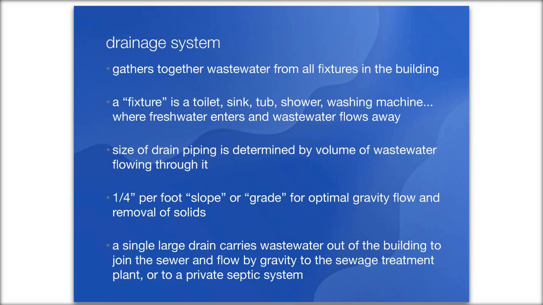And what carries the water away in the drainage system is the fact that the pipes are all sloped. And the minimum amount of slope is 1/4 inch per foot. It's considered optimal for removing solids, which are not an issue that much in Greywater. And typically a single large drain carries the wastewater out of the building to join the sewer or flow by gravity to a sewage treatment plant, or to go out of the house and then go to a private septic system.